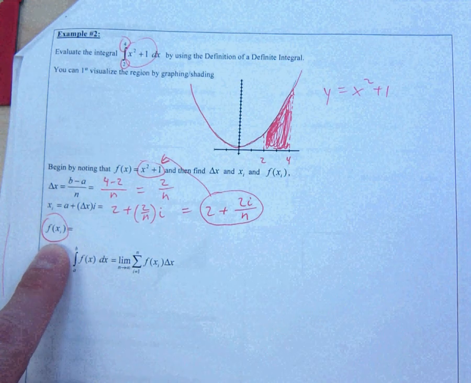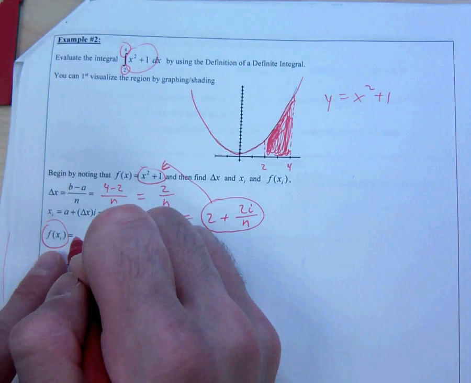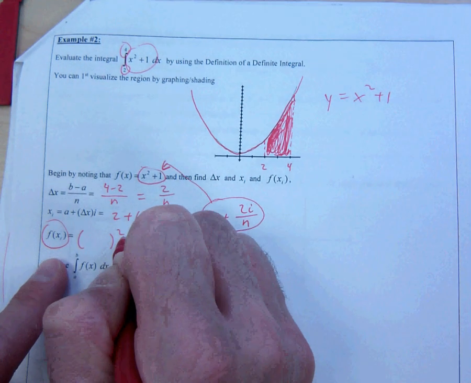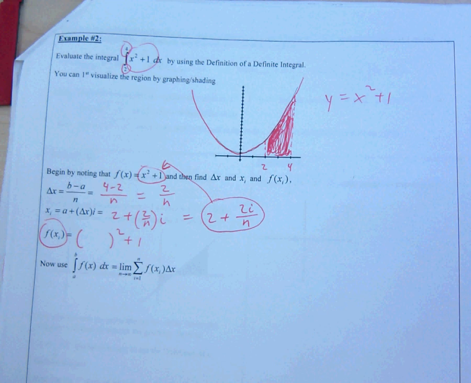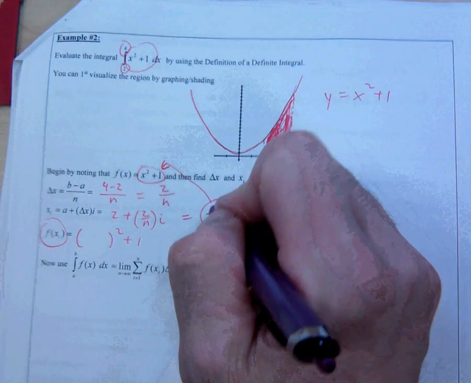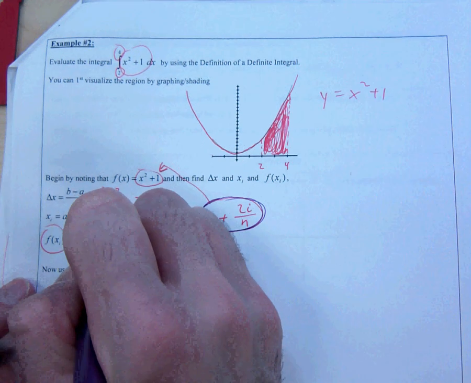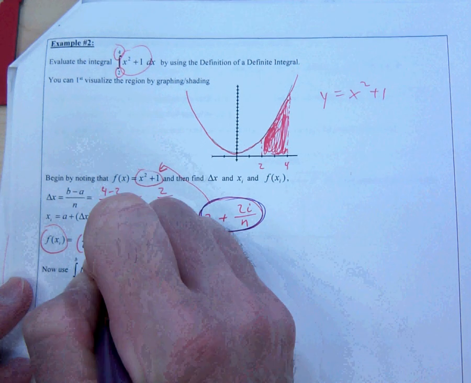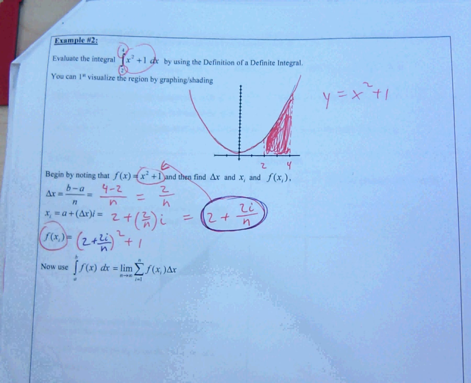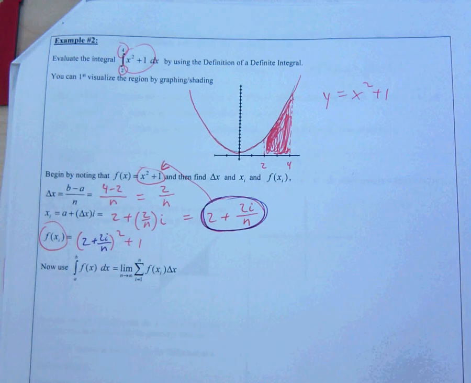Got it? So I'm going to have x squared plus 1, where that goes here, right? Everybody with me on that? Yes? Okay.